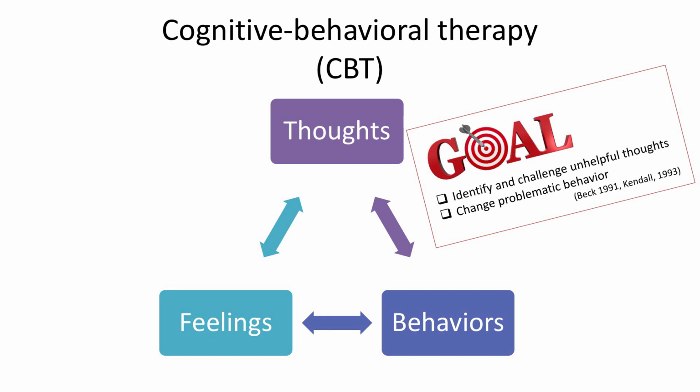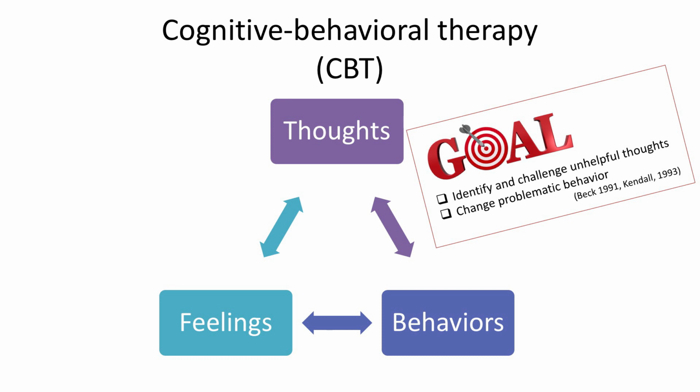So when that thought of the car is gonna hit me really isn't realistic because the car is nowhere near the child, or I need to check both ways 100 times because I'm scared of the car, that stops being a helpful thought. So we work on identifying those unhelpful thoughts and challenging them, and then changing those problematic behaviors, because it's not really realistic never to leave the house because you're scared of the car coming, or to only walk with mom on the side of the road because you're scared of the car coming and jumping the curb.